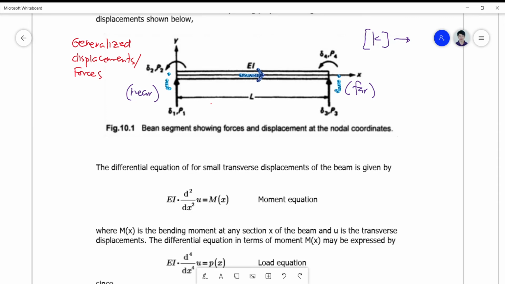Where M(x), of course, is the equation of the bending moment at any section x of the beam, and u is the transverse displacement, which actually describes the curve upon which your beam will behave. So this is now your elastic curvature, which is connected to your bending moment equation.